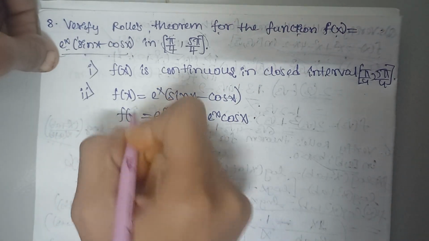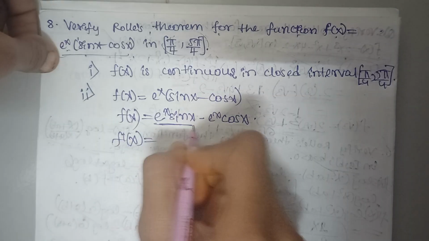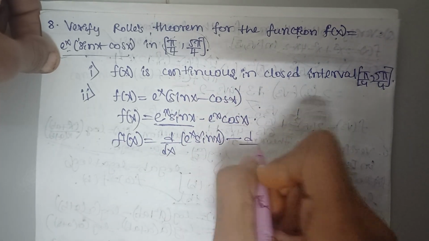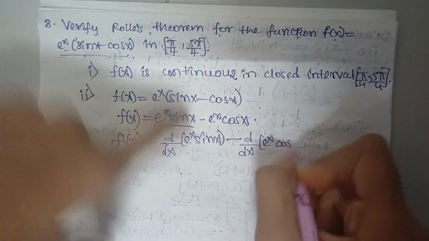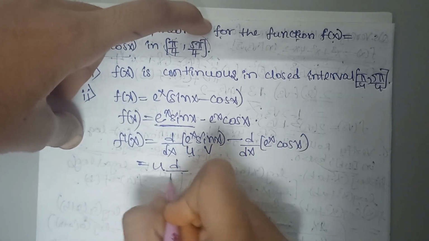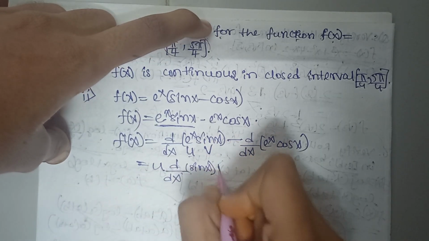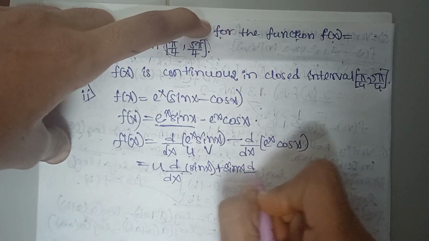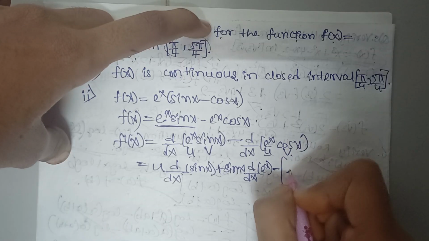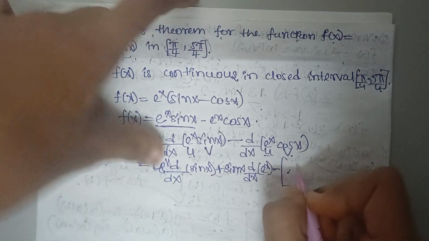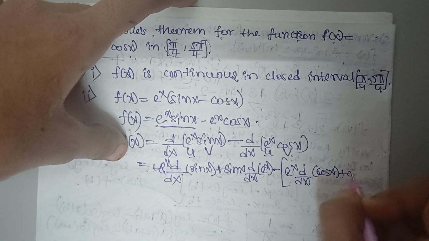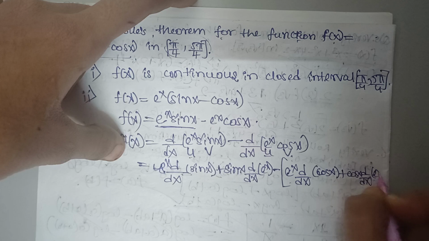Now your f dash of x, on applying the UV rule, is d by dx of e power x into sin x minus d by dx of e power x into cos x. Let us suppose this to be u and this to be v, which is nothing but u into d by dx of sin x plus v into d by dx of e power x, minus, again apply the UV rule for this also, where u is your e power x: e power x into d by dx of cos x plus cos x into d by dx of e power x.